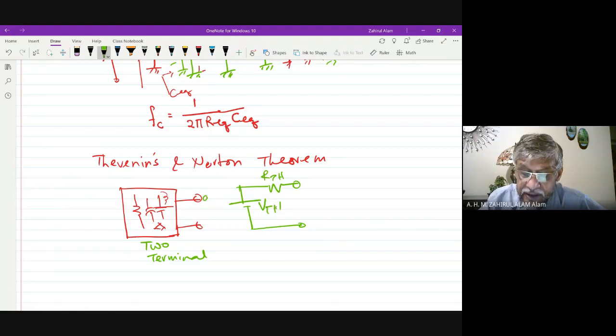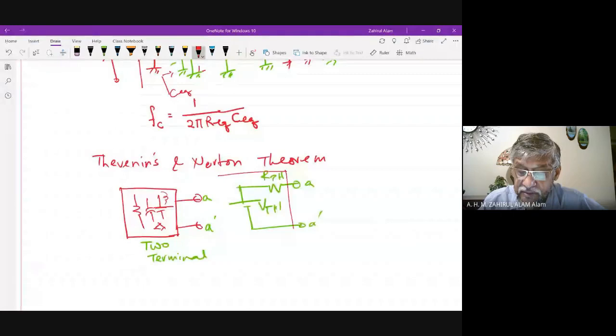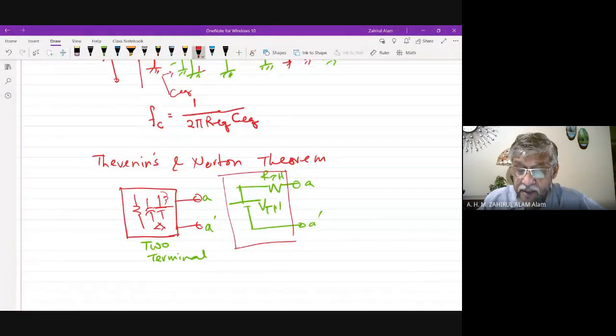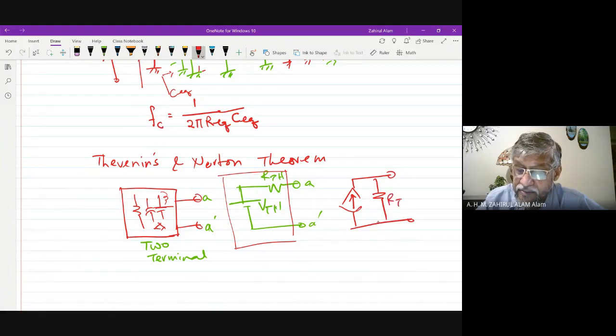This is A and A prime. Also by Norton's theorem, we have IN and RN.